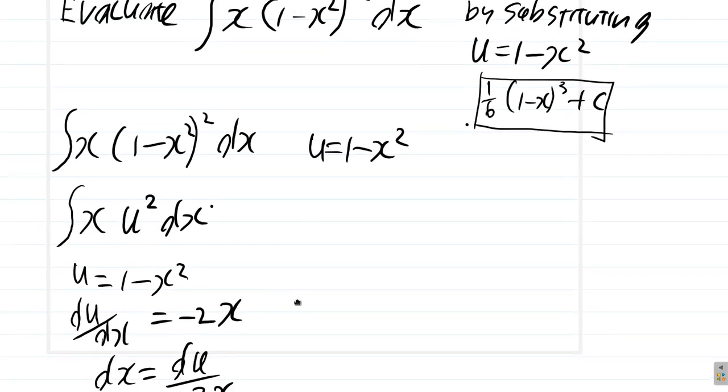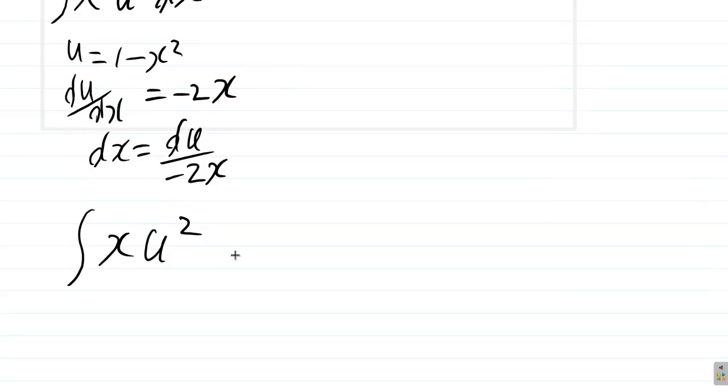Now, we have a dx here, but we want it as a function of u du. And hopefully, something will cancel this x. So, let's see how it goes. Let's get rid of this dx and put what it represents here. dx is du over negative 2x. Alright?